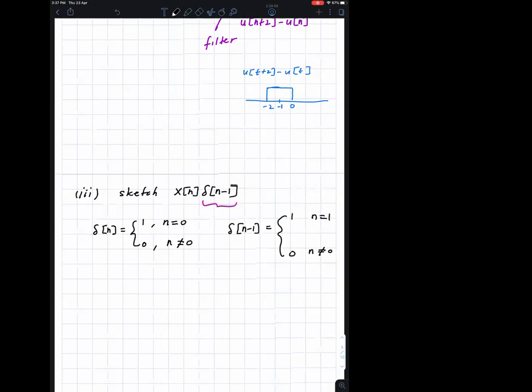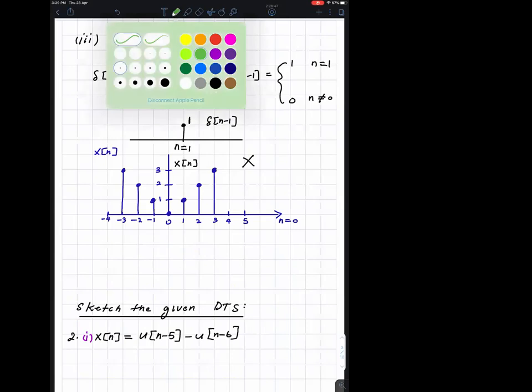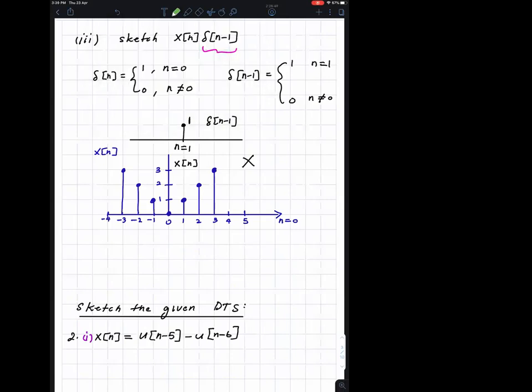If I sketch this signal, then you will have just one signal when n equals 1. Elsewhere it is 0. So the amplitude of this signal is 1. You'll only filter this out. Okay. The rest will go to 0.